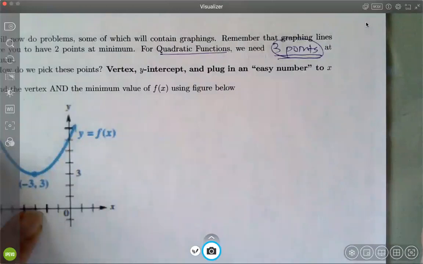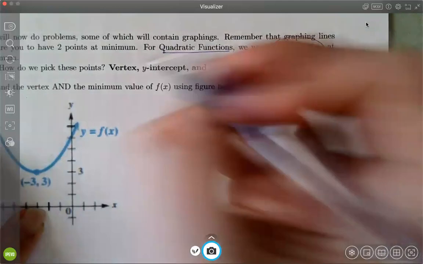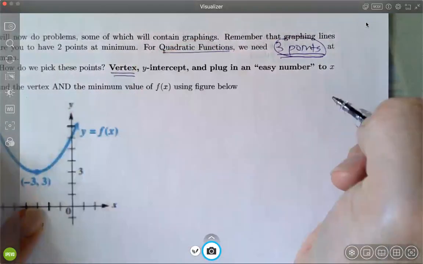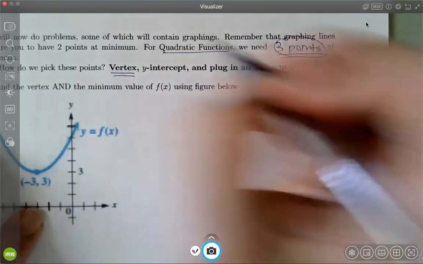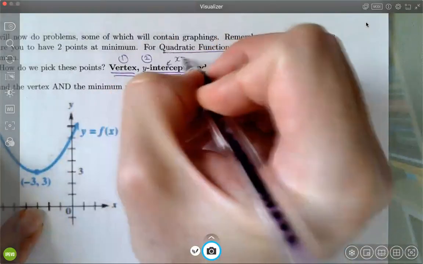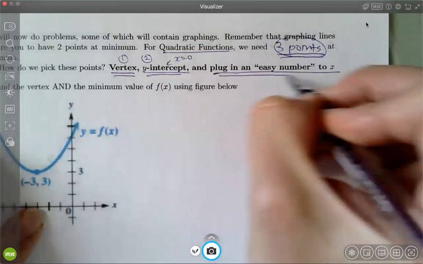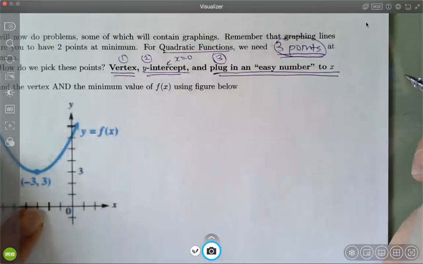So, how do we choose these 3 points? Here is my suggestion. Choose the vertex, and then choose the y-intercept, which is what? Set x to 0, right? And then plug in an easy number to x. Most people end up choosing x equals 1 or 2 or negative 1.